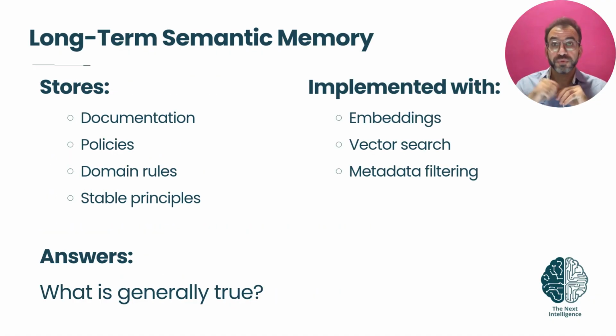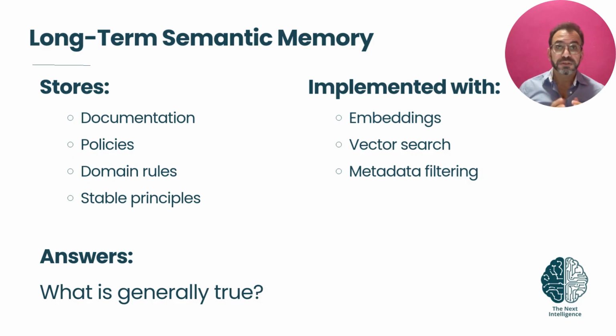Now we move to the semantic memory, which is one part of the long-term memory. In general, semantic memory stores knowledge that includes policies, documentation, principles, rules, constraints, etc. And it answers the question, what is generally true as a matter of fact?